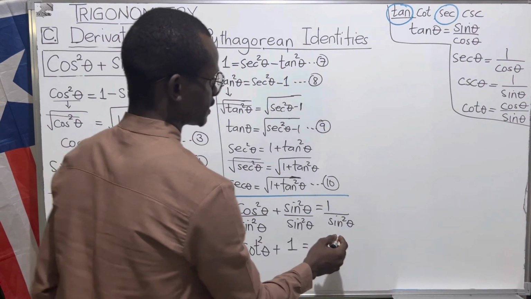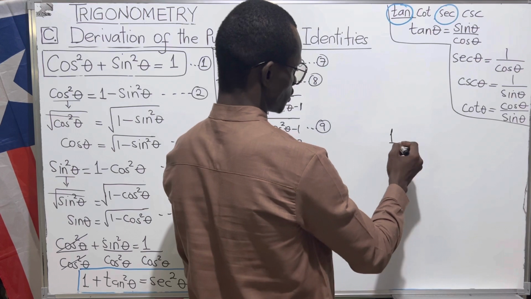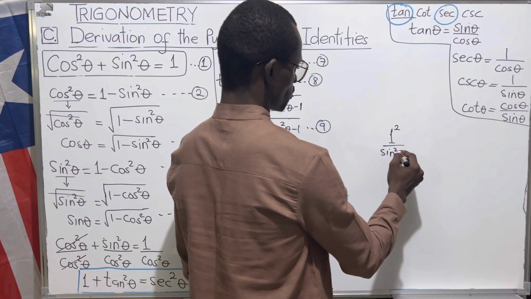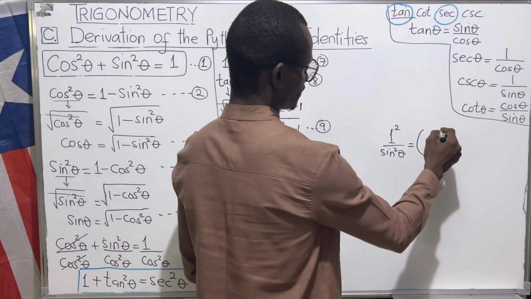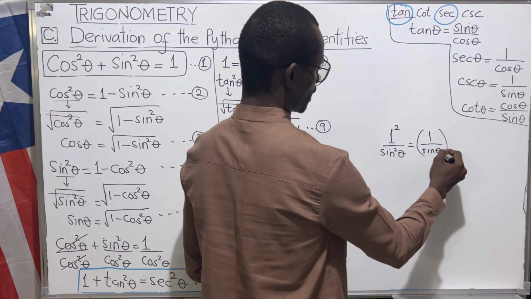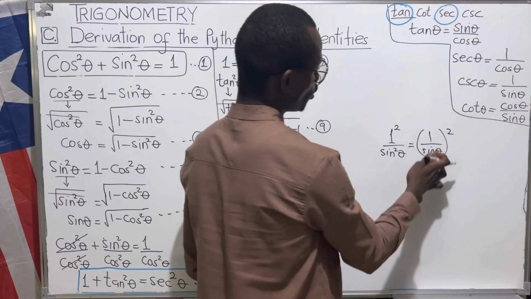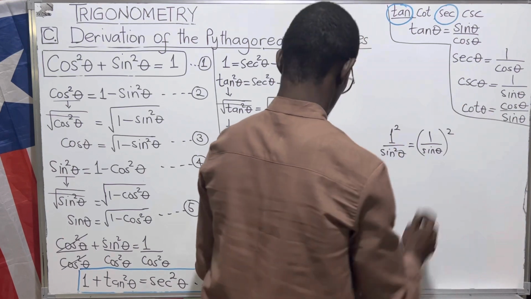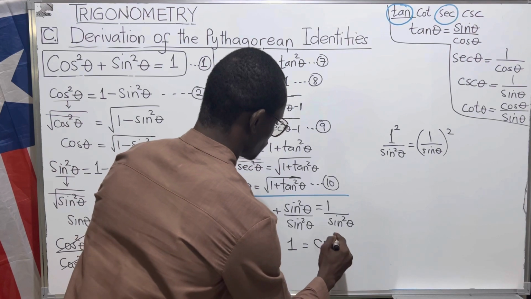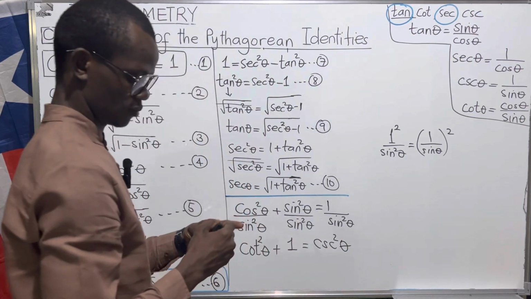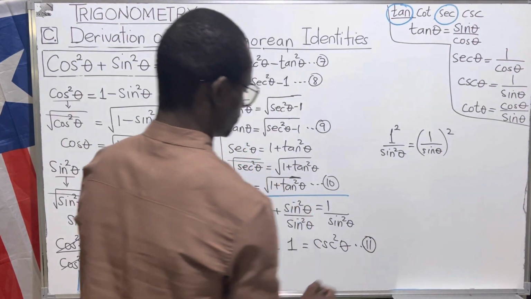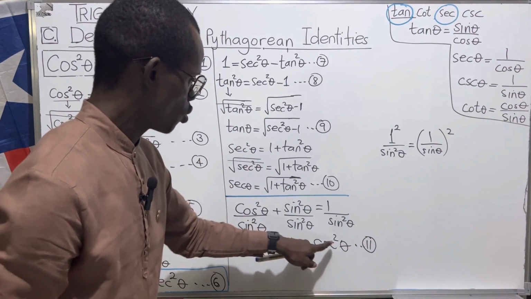And then 1 all over sin, so it's like we said 1 squared, sin is also squared. Since both of them are square terms, we can say 1 divided by sin of theta, all squared. So 1 over sin is just equal to cosecant, so that becomes cosecant square theta. So this is identity number 11, because we have found cosecant square theta.